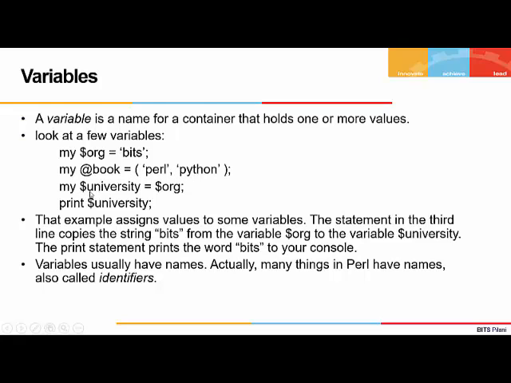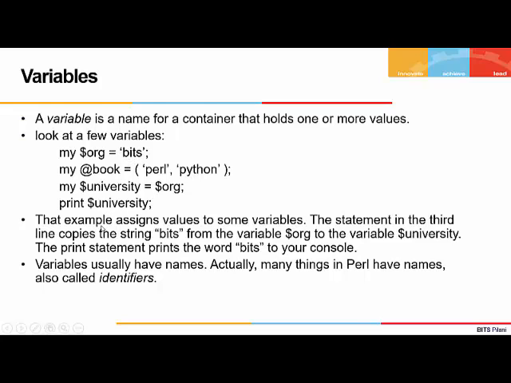In a similar way, we can directly assign one variable to another variable. As we have already defined it and given it the value bits, this can again be assigned to the new variable. Once we print it, it will display bits.